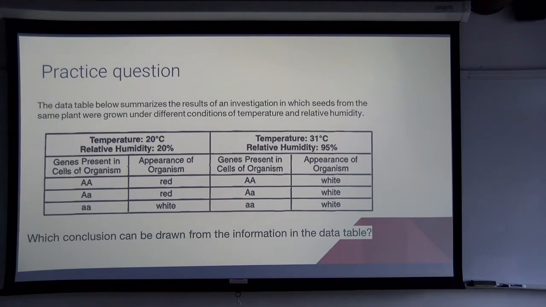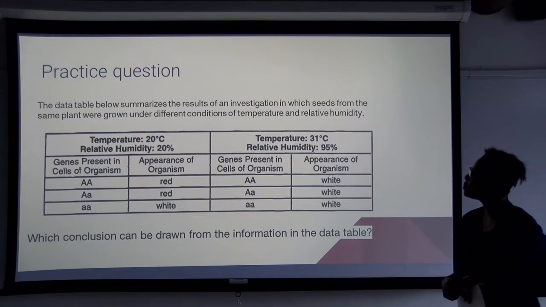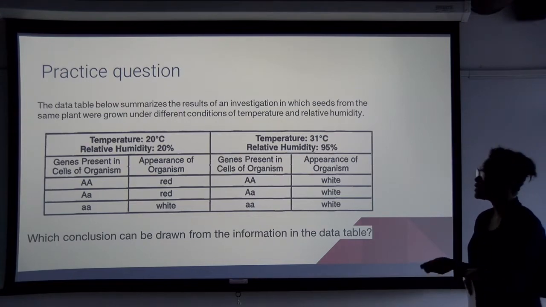Right? So let's take a quick look. Here's a quick practice question. This is page 1 of our review sheet. Take a second and look at it. The data table below summarizes the results of an investigation in which seeds from the same plants were grown under different conditions of temperature and relative humidity.